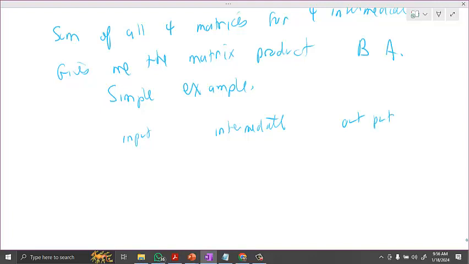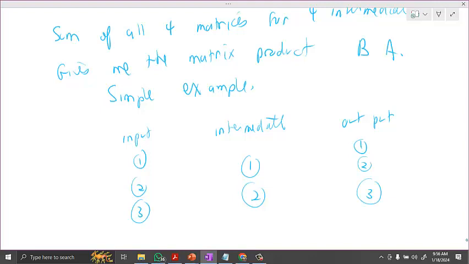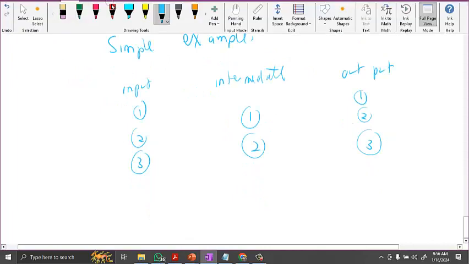And let's suppose I'll have 3 inputs and I'll have 2 intermediates, and then I'll have let's have 3 outputs. All right, so in this case, I'm going to have 2 matrices for the 2 intermediate stages.